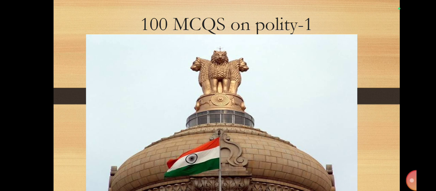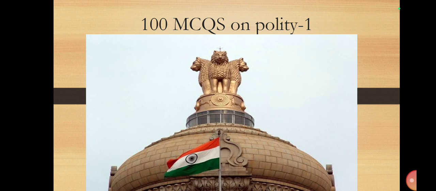Accordingly, the Parliament enacted the CAG Duties, Powers and Conditions of Service Act 1971. This act was amended in 1976 to separate accounts from audit in the central government. The CAG can be removed by the President only in accordance with the procedure mentioned in the Constitution, that is, in the same manner as removal of a Supreme Court judge.